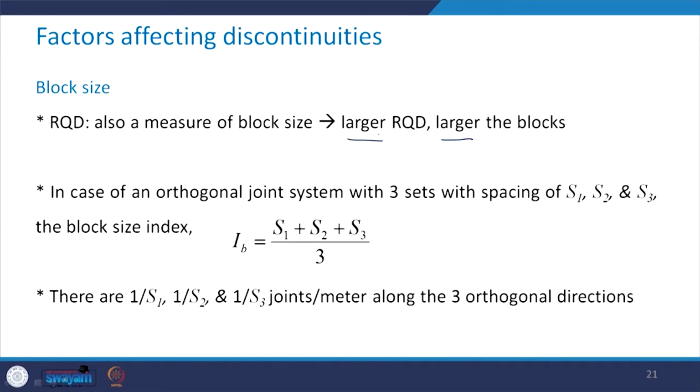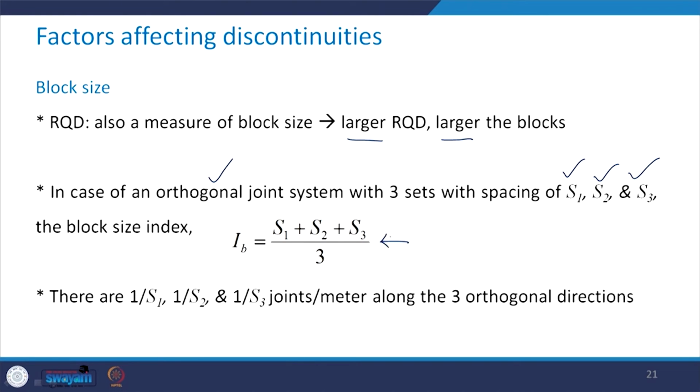In case of an orthogonal joint system, say with 3 sets, when I say orthogonal joint system it means these 3 joint sets are perpendicular to each other, and say they have spacings of S1, S2 and S3. We can obtain the block size index as the average of these 3.